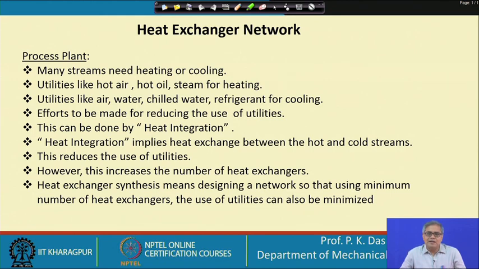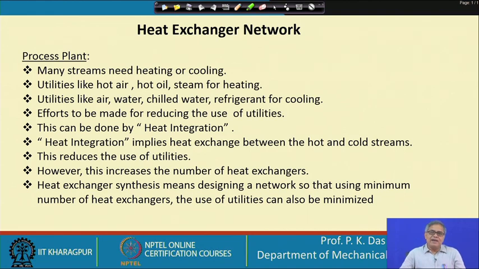A large number of streams are to be heated, a large number of streams are to be cooled. How can the heating and cooling be done? There could be utilities. Utilities like hot air, hot oil, steam, those could be used for heating. Utilities like air, water, chilled water, refrigerant, etc., those could be used for cooling.